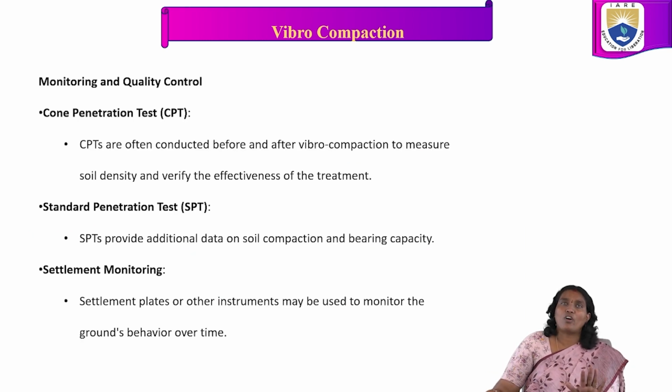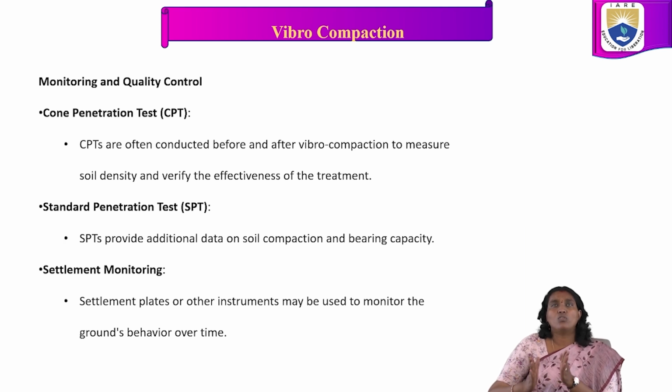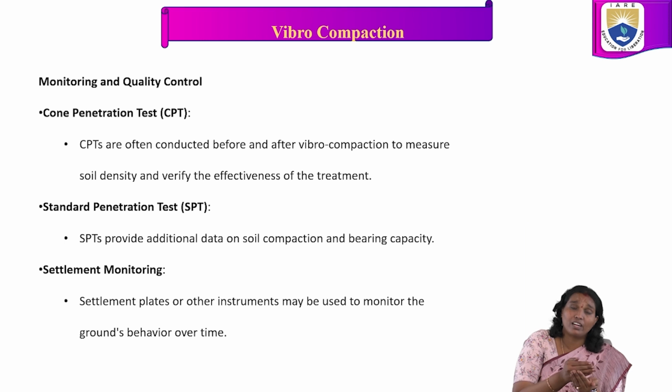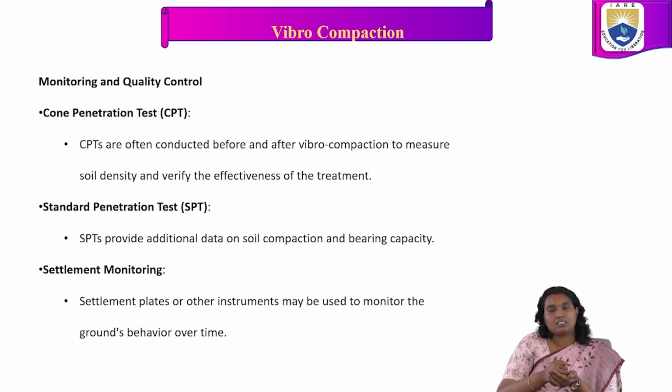Now, how do we monitor and control the vibro compaction? For this, we have different steps. Monitoring and quality control is very important in vibro compaction techniques. In that, we have CPT and SPT tests. CPT is the cone penetration test, and SPT is the standard penetration test.